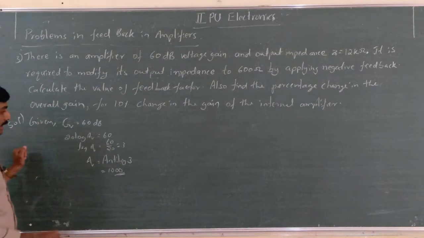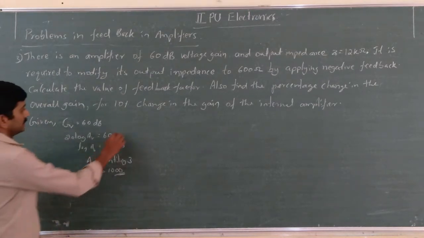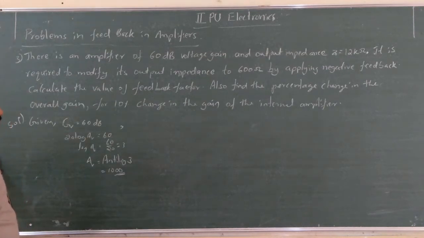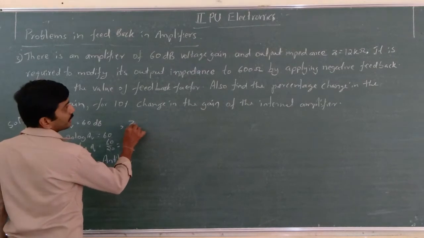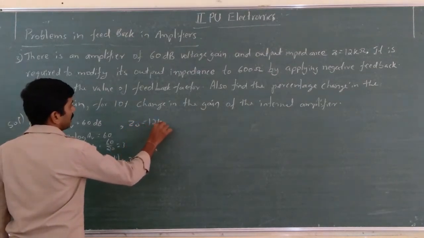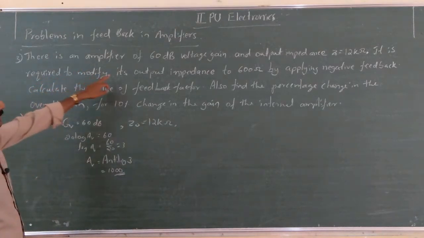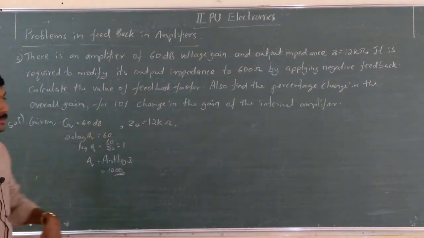Next, its output impedance Z0 is given as 12 kilo ohm, and it is required to modify its output impedance to 600 ohm.